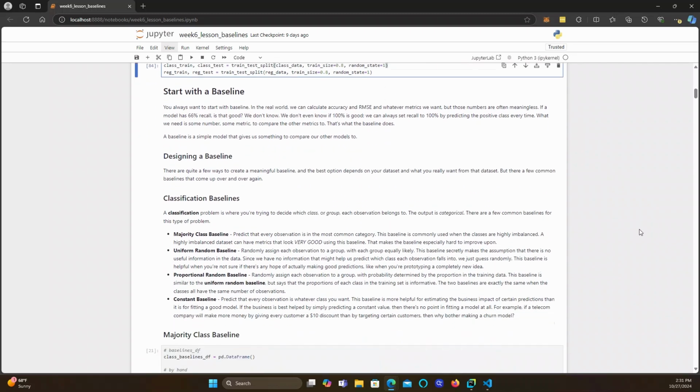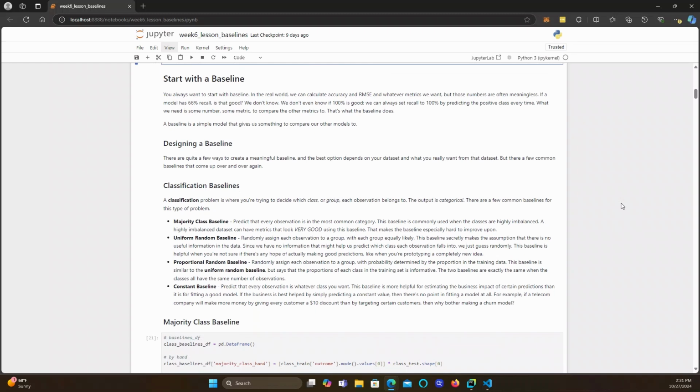Now, when we're fitting a model, particularly a good one, you pretty much always want to start with a baseline, okay? In the real world, we can calculate accuracy and we can calculate RMSE or whatever other metrics we want, but those numbers are really meaningless, okay? So, like, if a model has 66% recall, is that good?